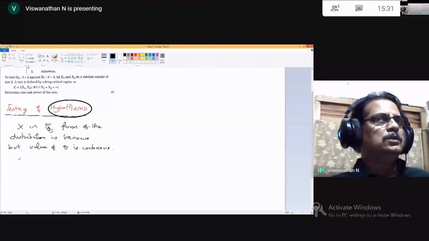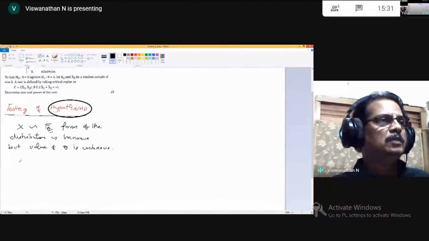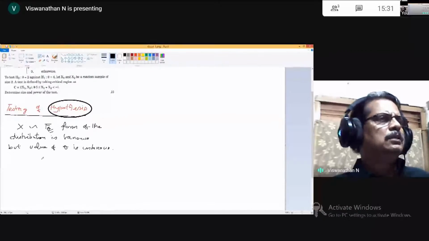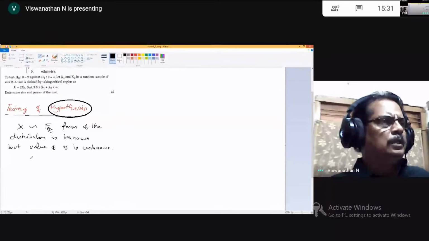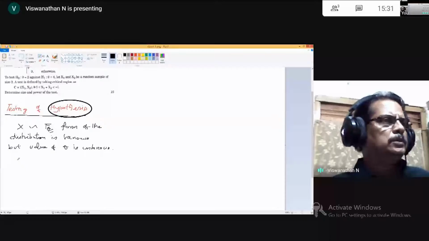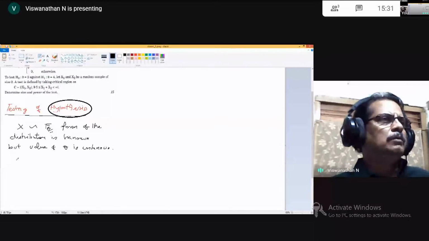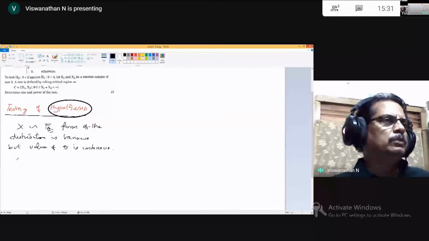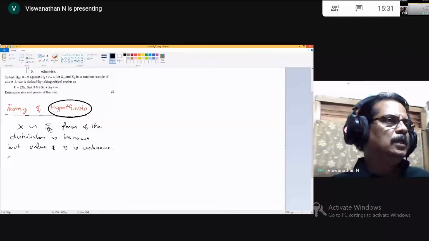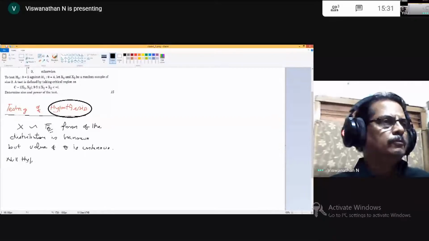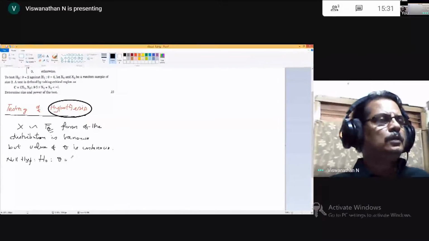The one that is supposed to be rejected is a famous definition. But in general, we can assume that it is a hypothesis that theta takes a particular value. The null hypothesis is denoted by H naught.